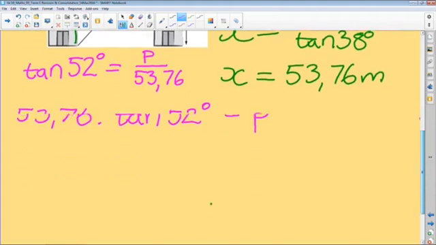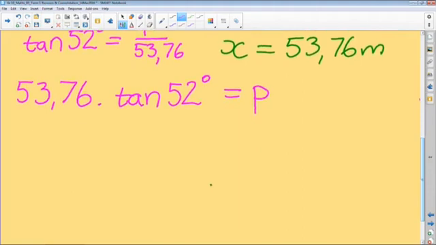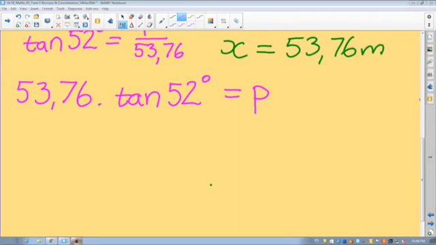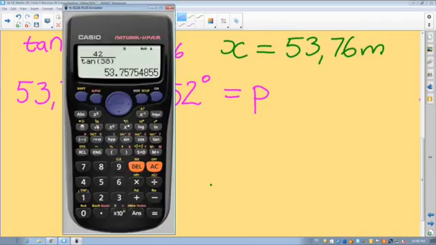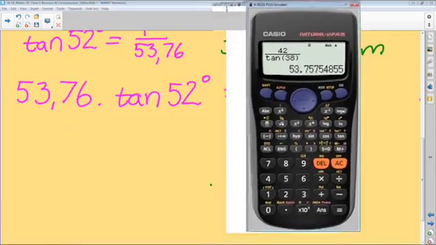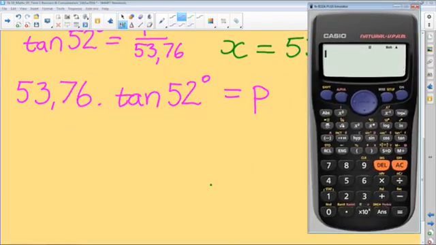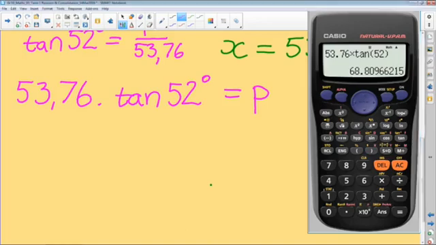Okay, so now, because we are not superhuman, we're going to take out the calculator, move it over, and let's type it in. 53.76 times tan of 52 degrees, let's close the brackets, is equal to 68.81.